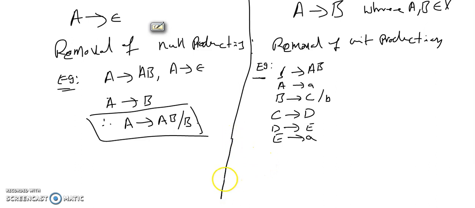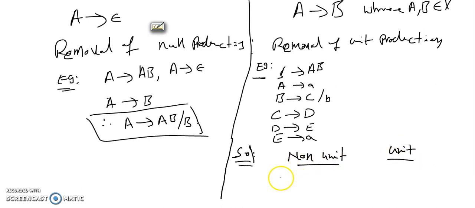So separate the unit and null productions. There are no null productions, so we have non-unit and unit productions. What are the non-unit productions?